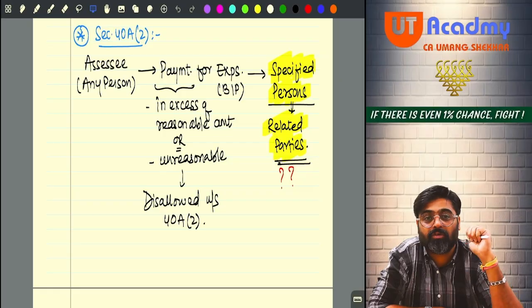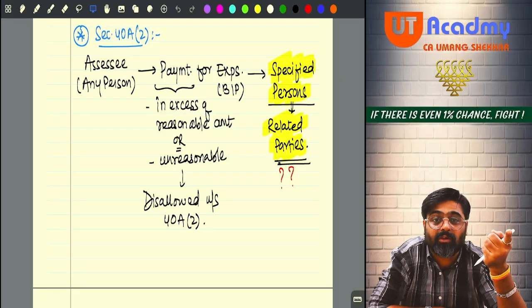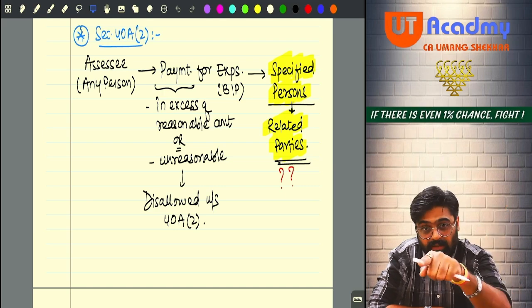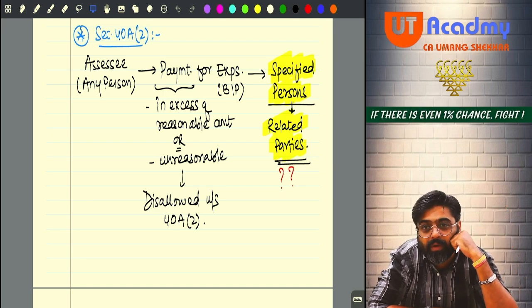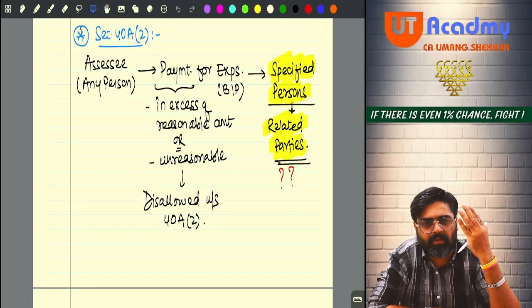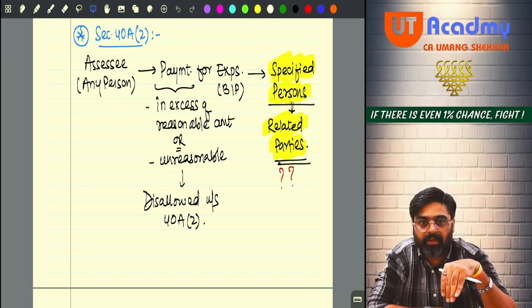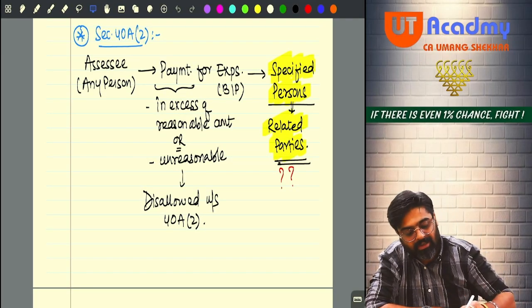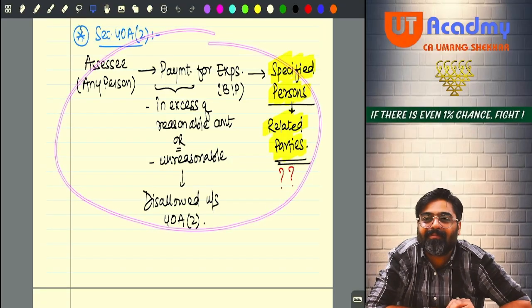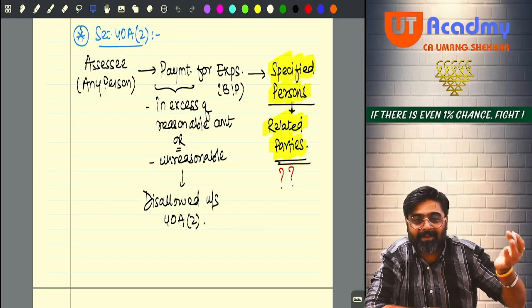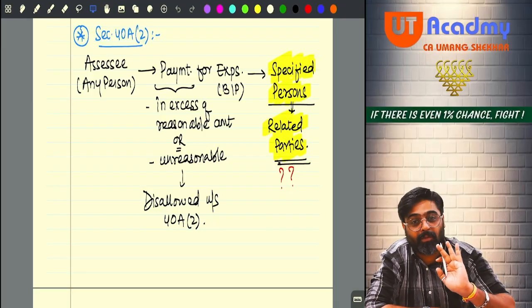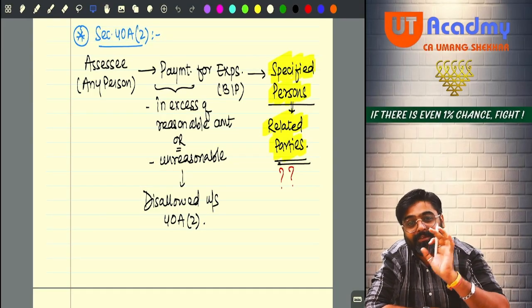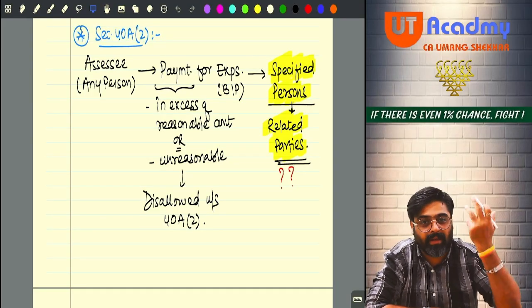There is a sham going on. We will disallow 60,000, and that 60,000 will be disallowed by them under this section. So there are many things which are kept in mind before disallowing this. Under this section, many litigations also happen between the department and the assessee. The department will always try to prove that the amount is unreasonable by giving X, Y, Z, many reasons.